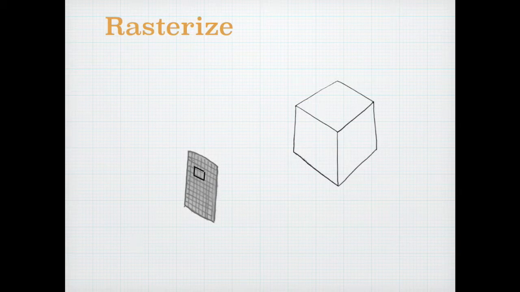What happens after the vertices get projected, OpenGL is going to figure out which pixels on the screen need to be filled in, which pixels need to be rasterized. And it's going to do that for each triangle. And then it runs the fragment shader to figure out what the color of the pixel is.